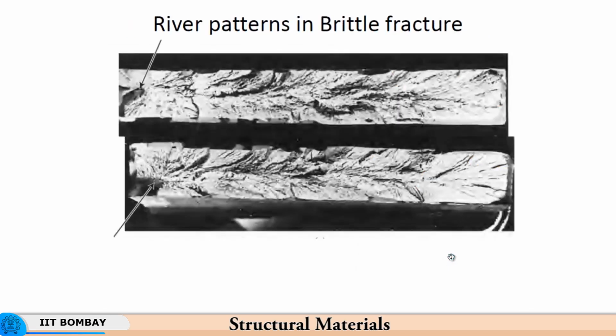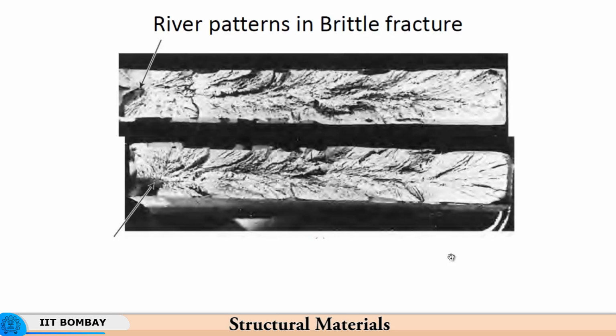So, in brittle fracture, the kind of paths which are taken by the crack to propagate and result in complete separation between two parts is called river patterns. So, these are kind of river patterns because the different paths taken by the crack resemble the river pattern that we see in nature.